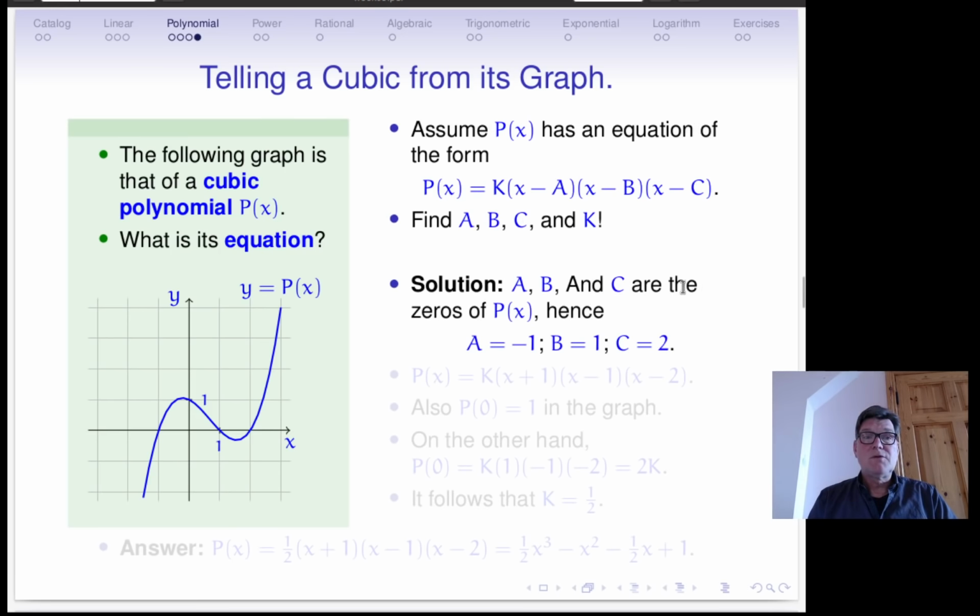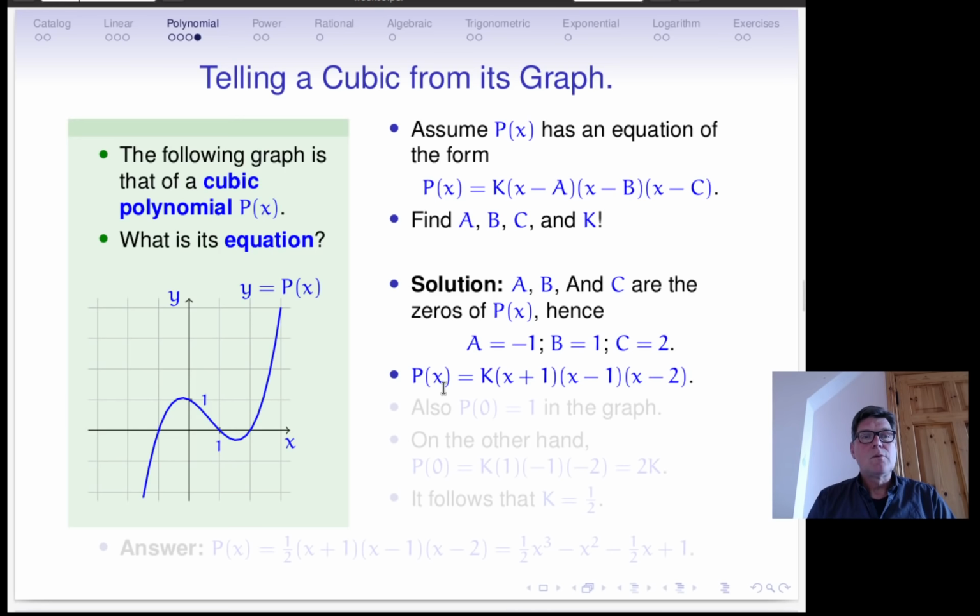So these we can read off straight from the graph. They are in some order -1, 1 and 2. So we know straight away that p of x is k times x plus 1, x minus 1, x minus 2. The only remaining question is, what's the value of k?